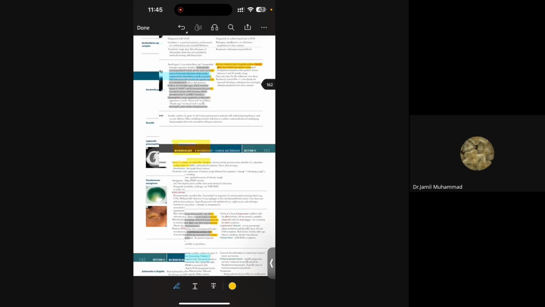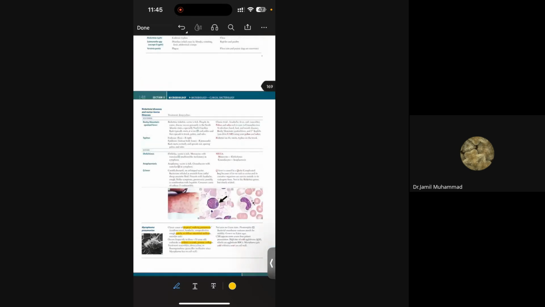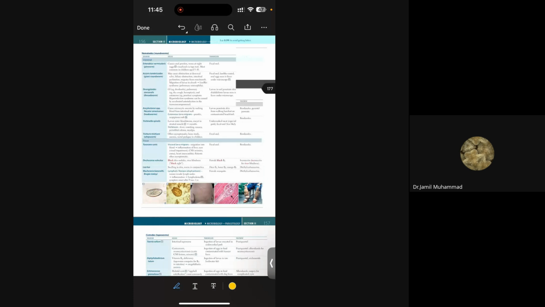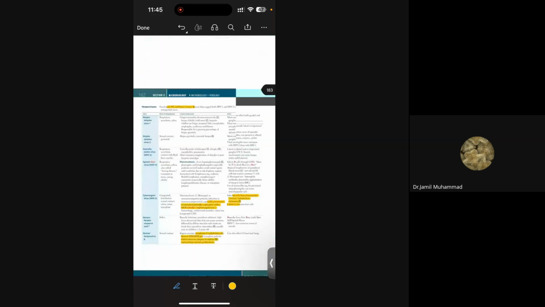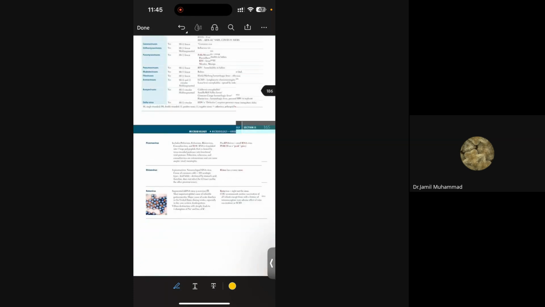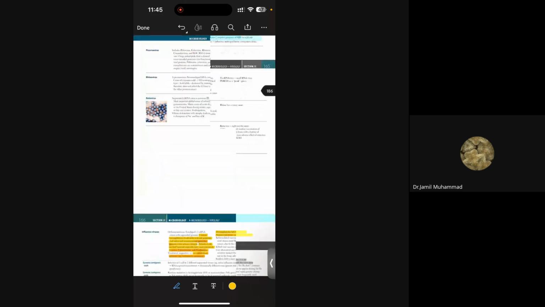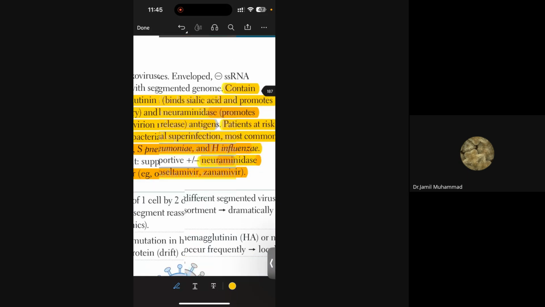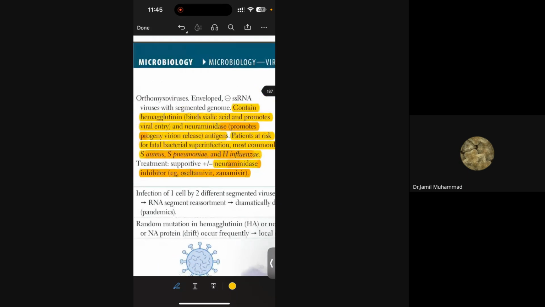Okay, let's first see influenza. The patient is at risk for fatal bacterial superinfection, most commonly Staph aureus, Strep pneumo, and Haemophilus influenzae. These are the three bacteria which can cause superinfection after influenza infection.